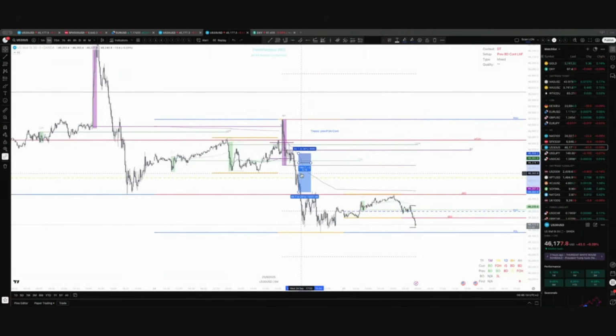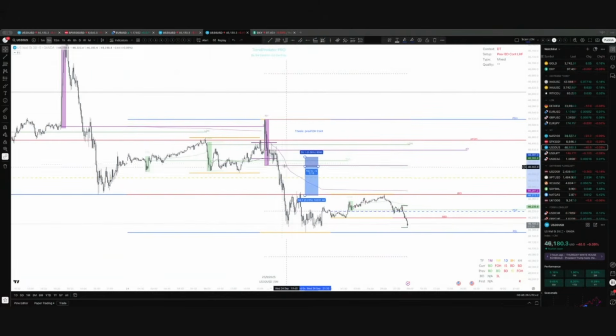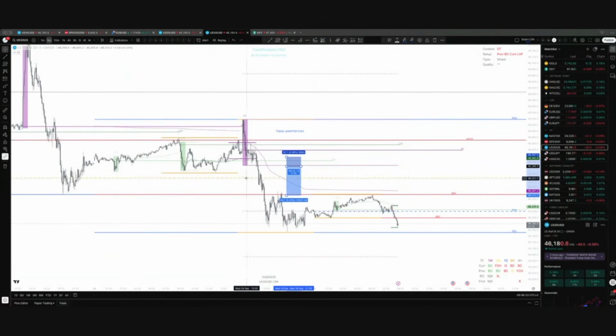So if you were patient and really waited for price to come into this trade, then the entry here was perfectly 1105. This was the one I took, and the target was the previous day low. I said I want to be careful with this closing price here, and you see we got a very strong reaction of that.